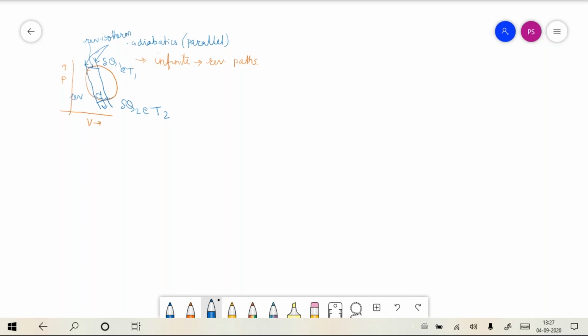These slices are enclosed from the sides by reversible adiabatic processes, and from the top and bottom by reversible isotherms.